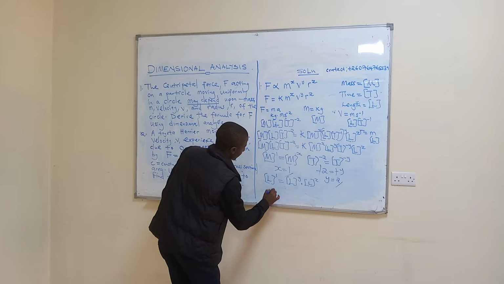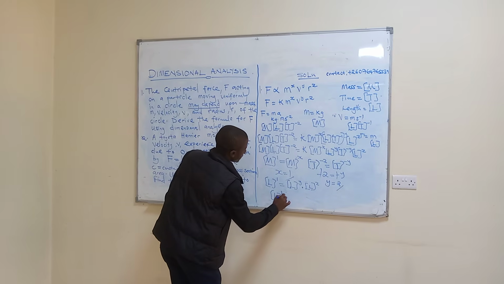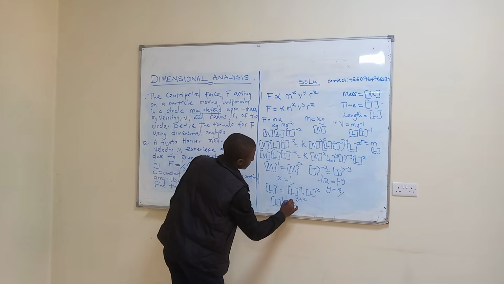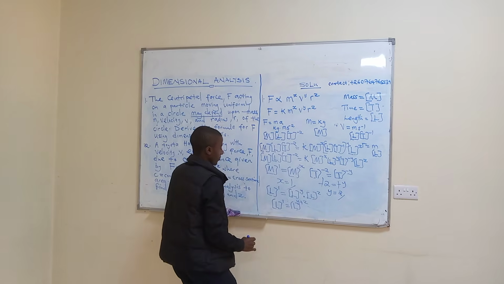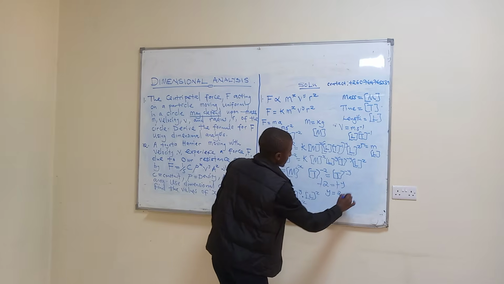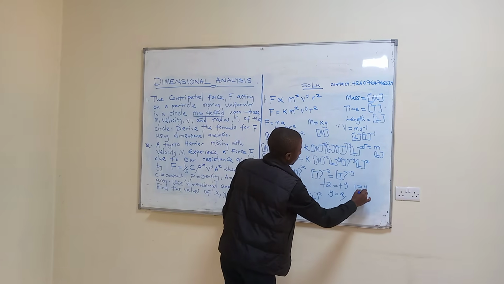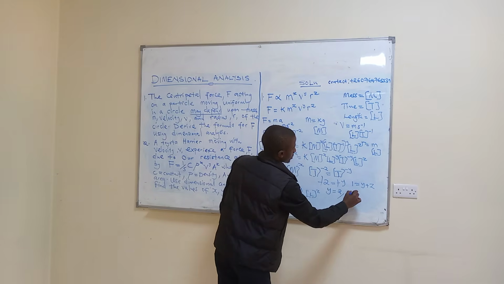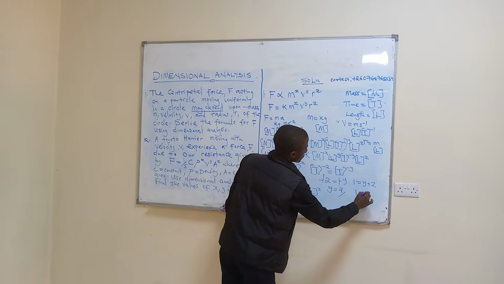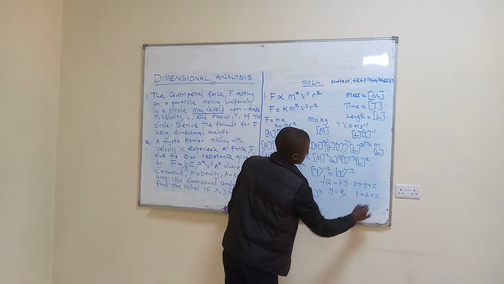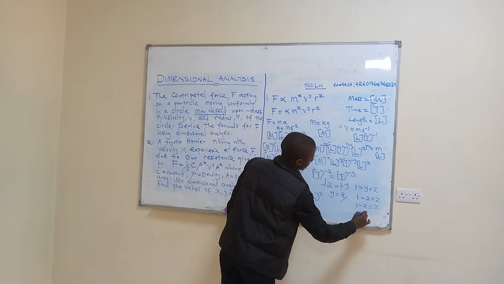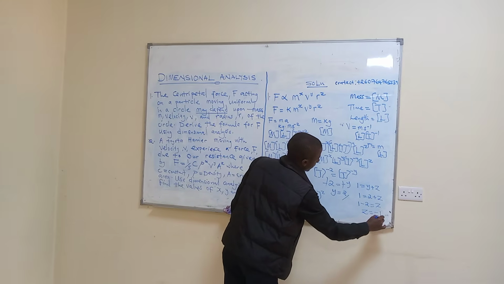So L to power 1 is equal to L to the y plus z. So from there, I equate: 1 is equal to y plus z. The value of y is 2, so 1 is equal to 2 plus z. So 1 minus 2 is equal to z. The value of z is negative 1.